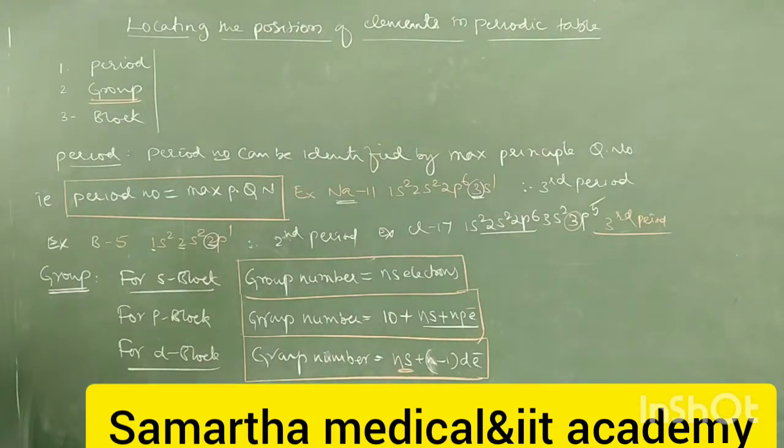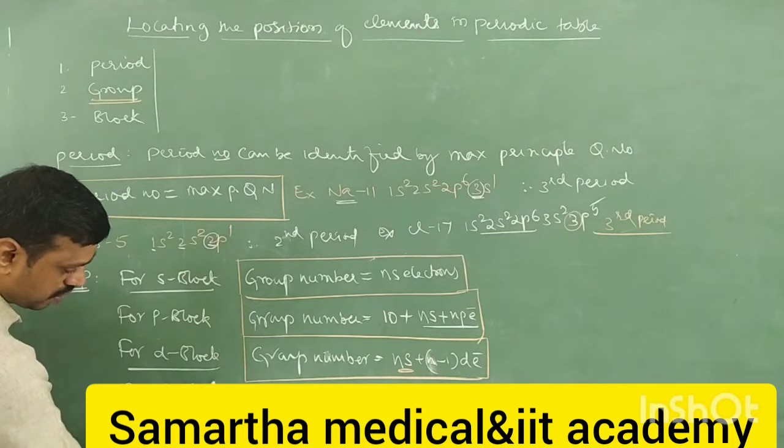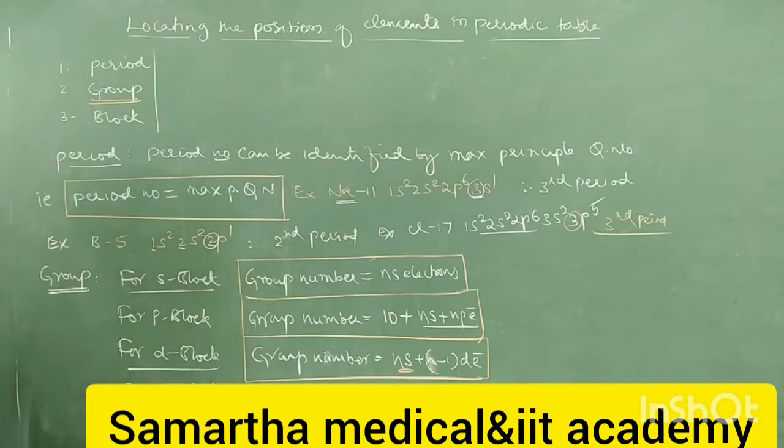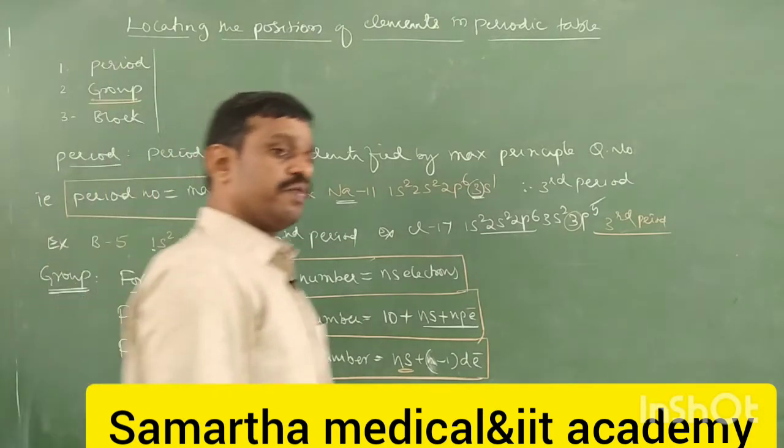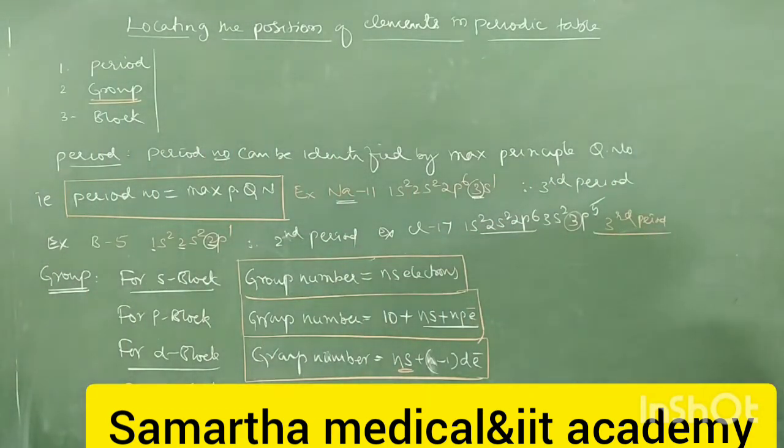Then finally, for f block elements, how do you calculate the group number? The group number is 3. All f block elements belong to the third group. How and why?